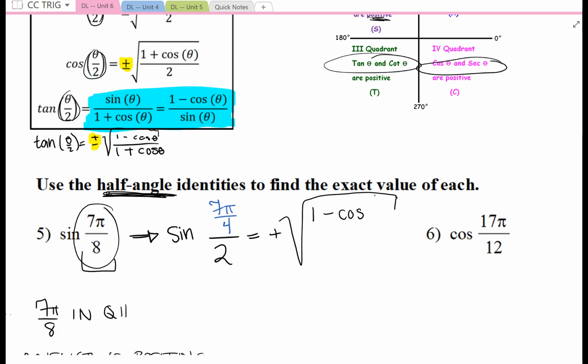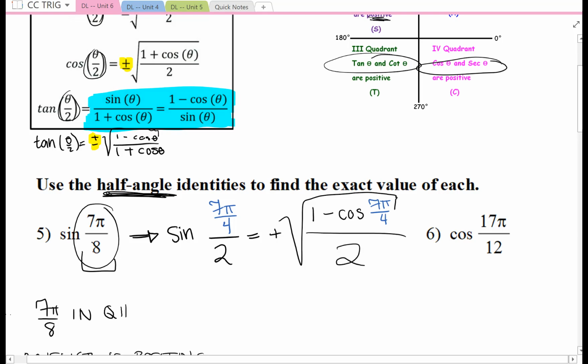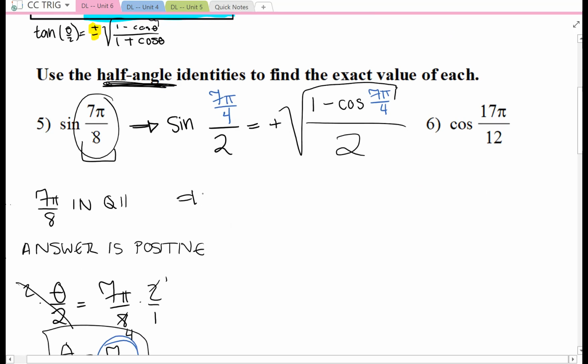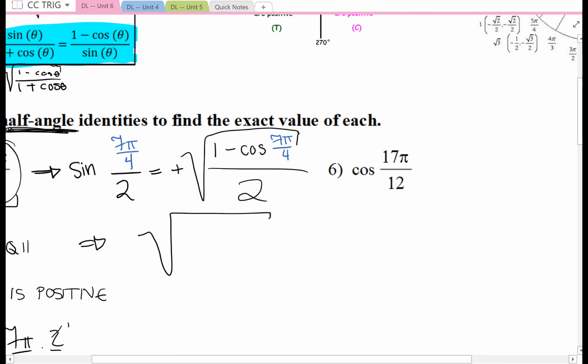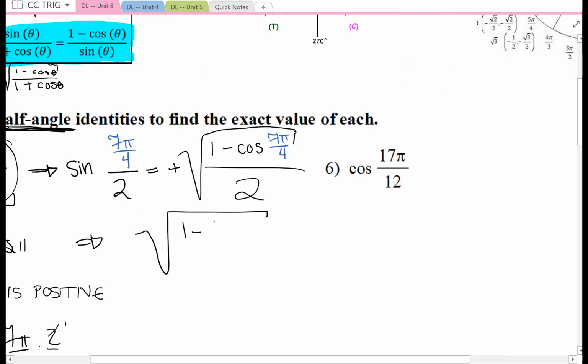Go ahead and plug that in. 7 pi over 4, all divided by 2, square root. So let's evaluate. What is cosine of 7 pi over 4? Cosine of 7 pi over 4 is the x value at 7 pi over 4, which is positive root 2 over 2. So we have 1 minus root 2 over 2, all divided by 2.